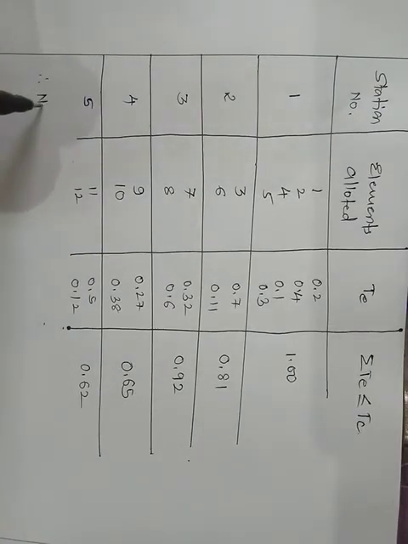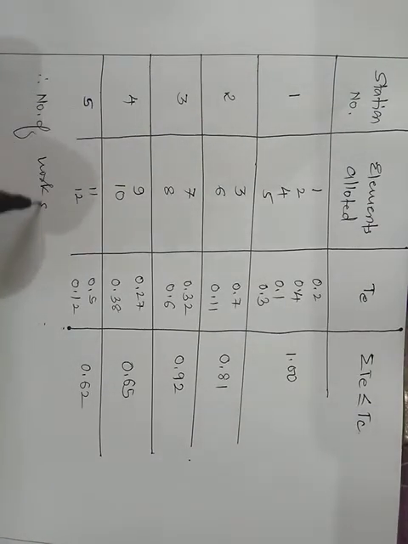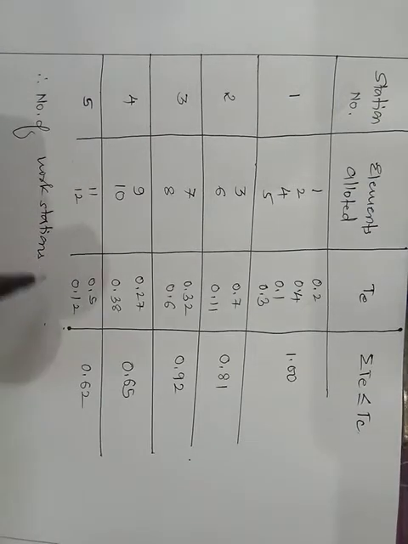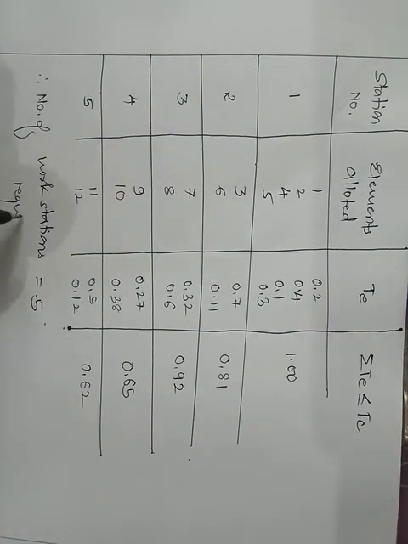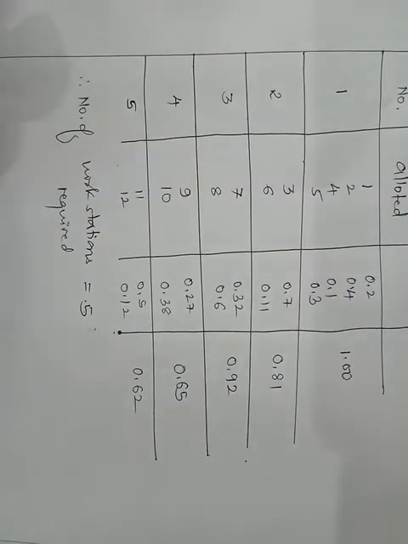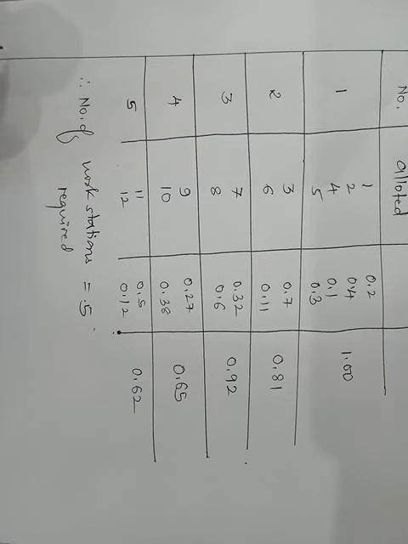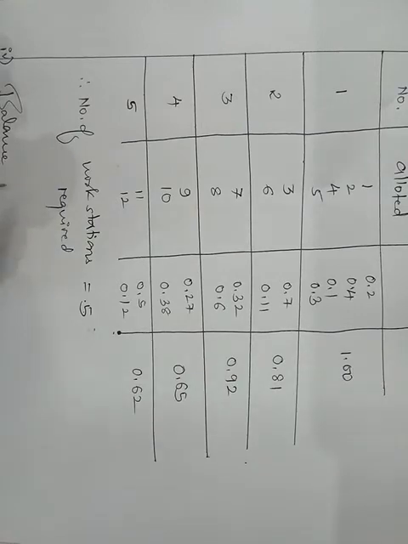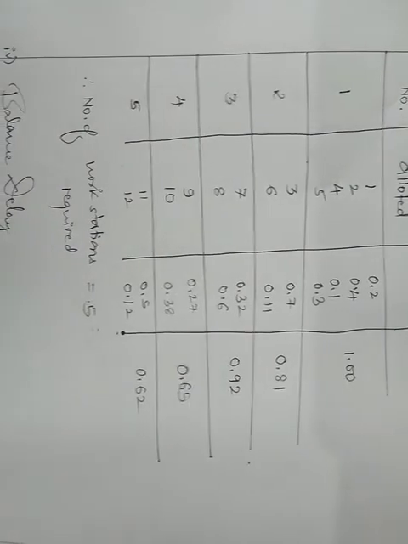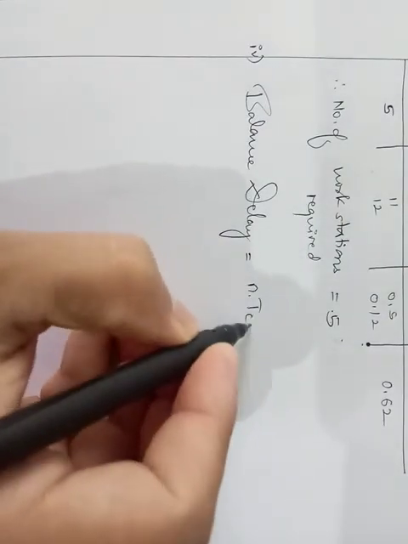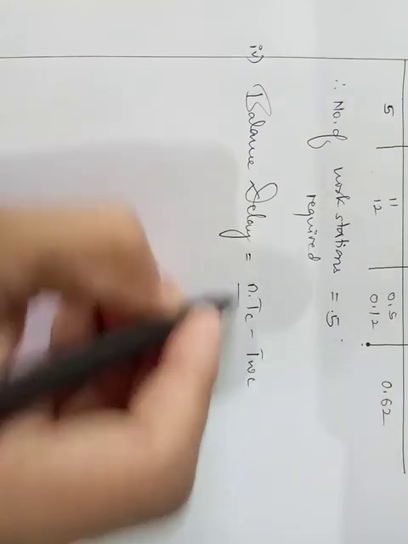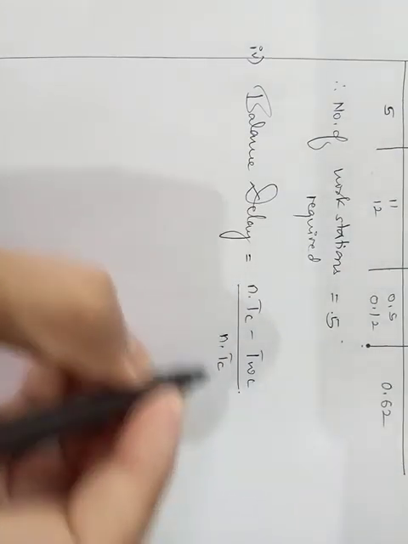So therefore the number of workstations is equal to 5. In this problem, the number of workstations required is equal to 5. And at last, in the last step, which I guess is step number 4, we need to calculate the balance delay. Balance delay is calculated as n into Tc minus total work content time, divided by n into Tc.